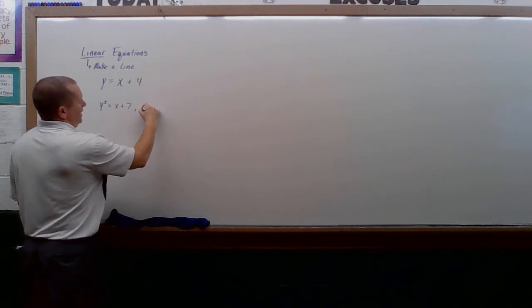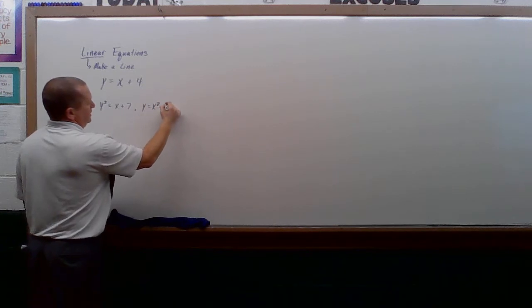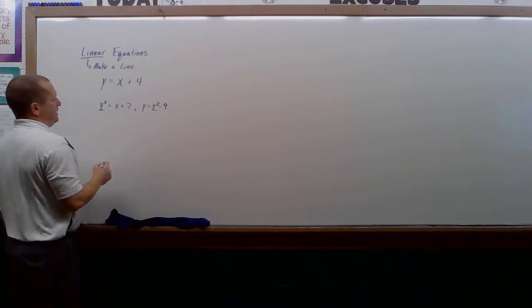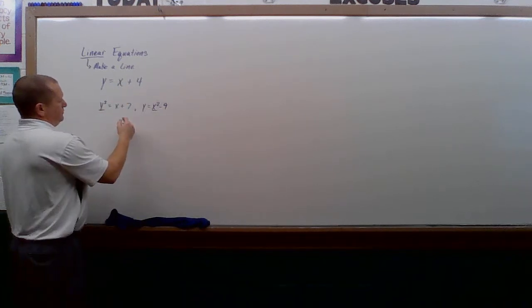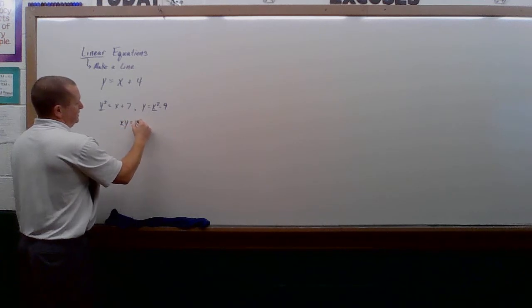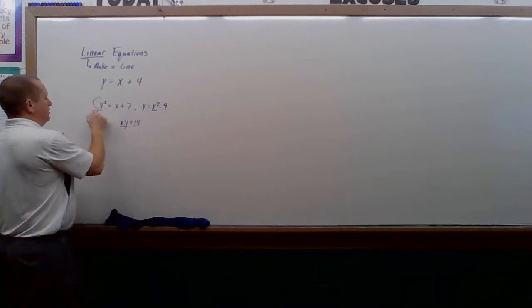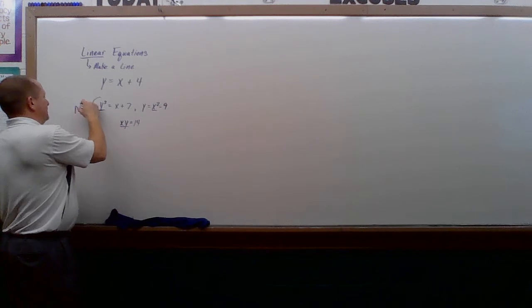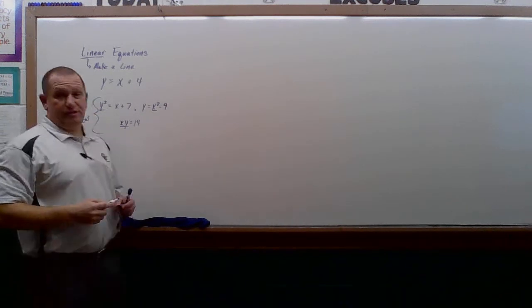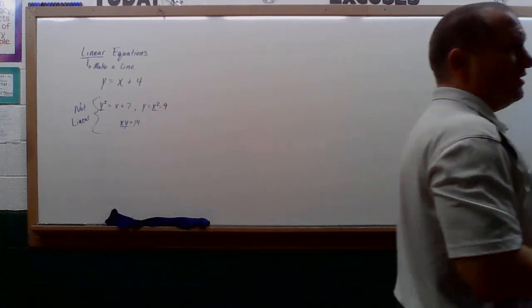If we had y equals x squared minus 9, that's not a linear equation, again, because of that and that. And like I said previously, if they're multiplied together, so if we had xy equals 14, this is not. So all of these are not linear because my variables have either an exponent or are being multiplied together.